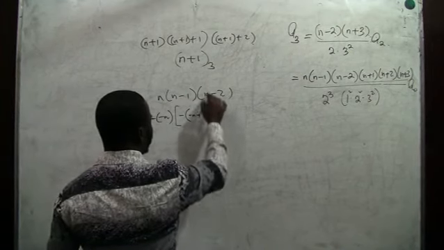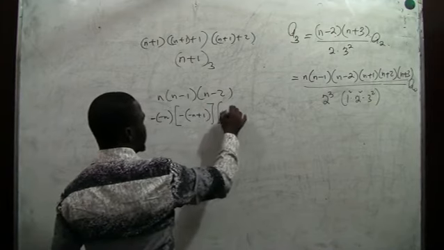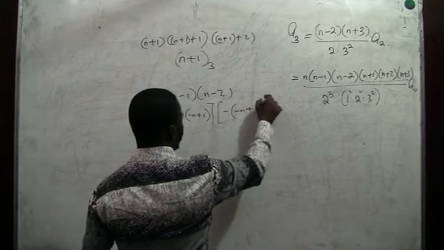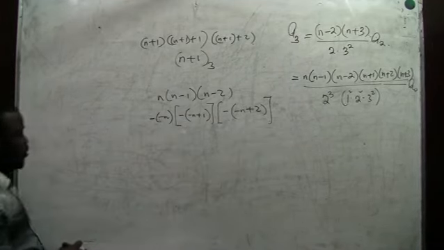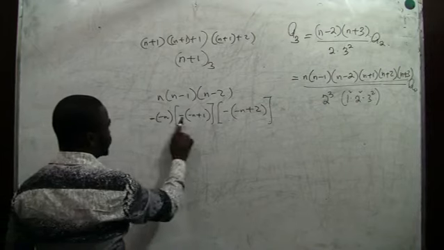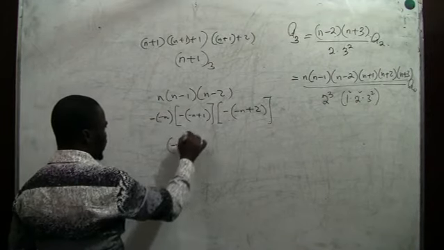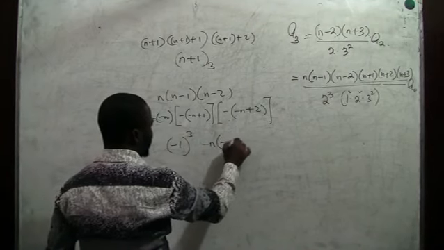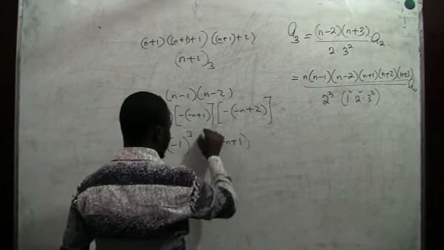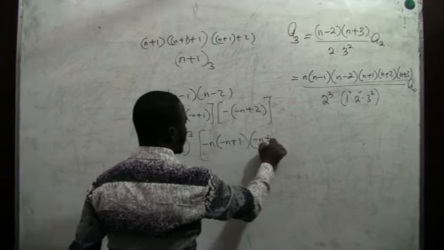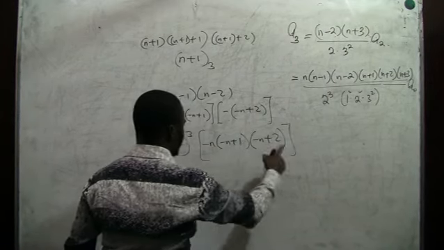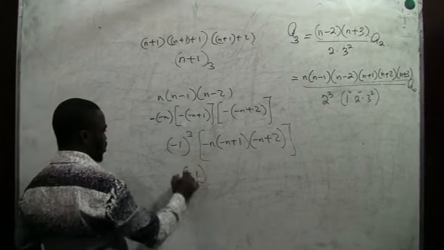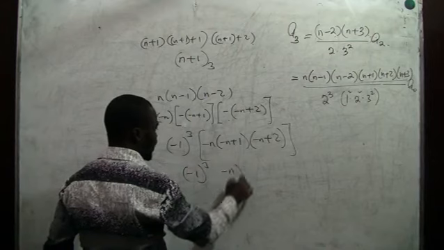At the same time, we can write this as minus N plus 2. Oh, this is good. This is interesting. So we have 1, 2, 3, minus 1 raised to power 3 outside here. We are now left with minus N plus 1, minus N plus 2. Oh, that is fantastic. So this now defines factorial function. And that becomes minus 1 raised to power 3 minus N sub 3.